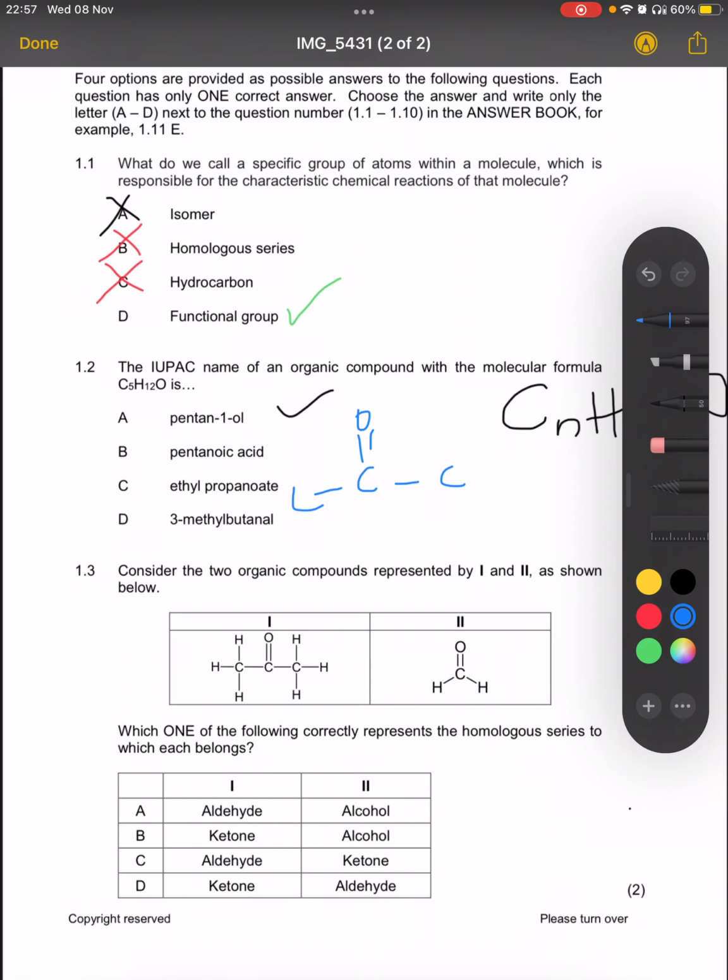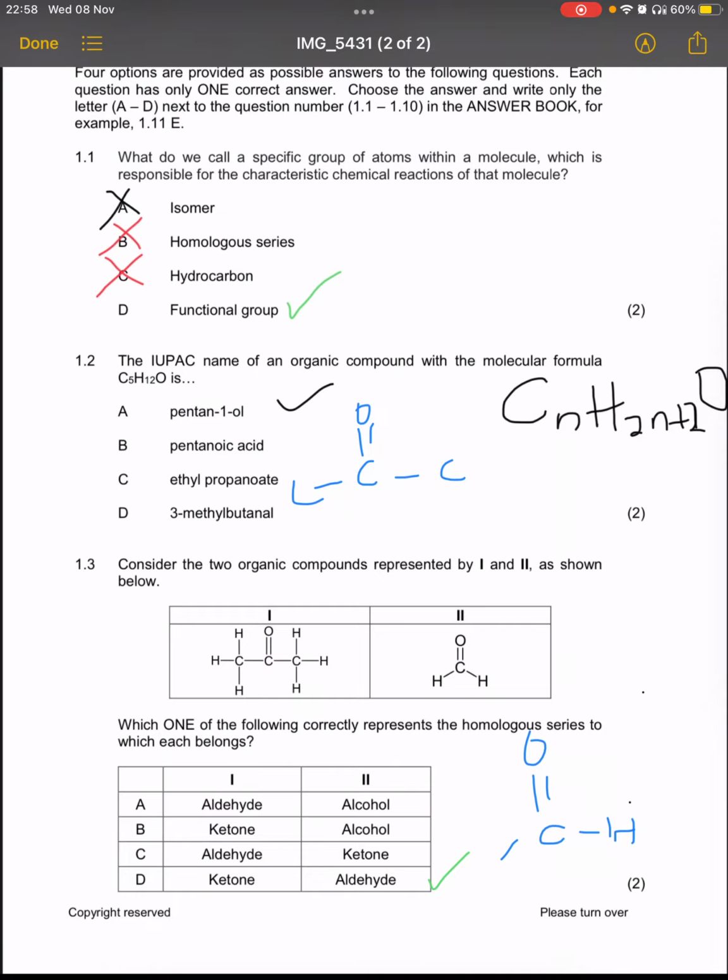And Roman figure 2 is just a C double bond O that is bonded to an H and another H, but the functional group here is just being bonded to an H and either an alkyl substituent, and we all know that is an aldehyde, so it's not an alcohol because we've already excluded A and C. Therefore, the answer right here would be D.